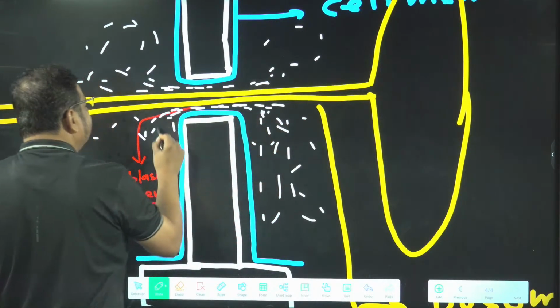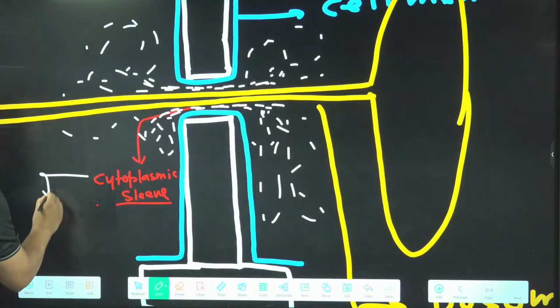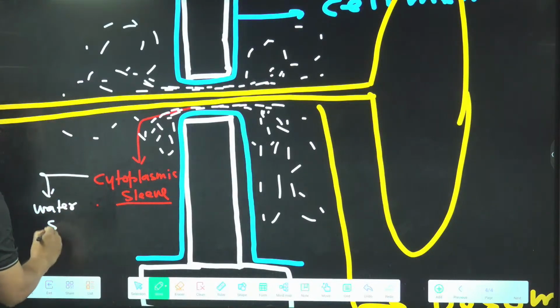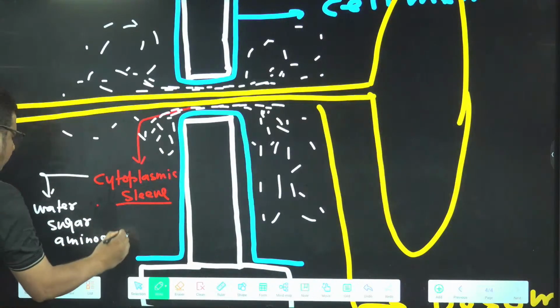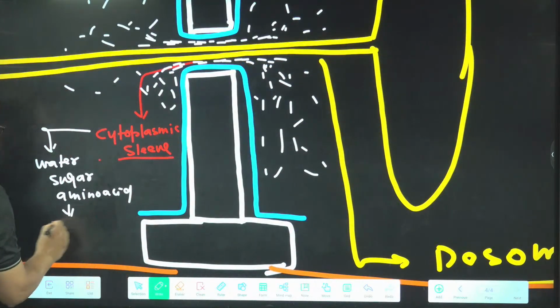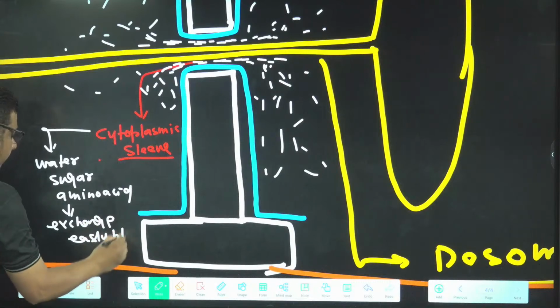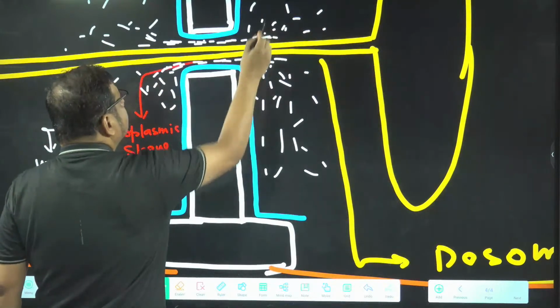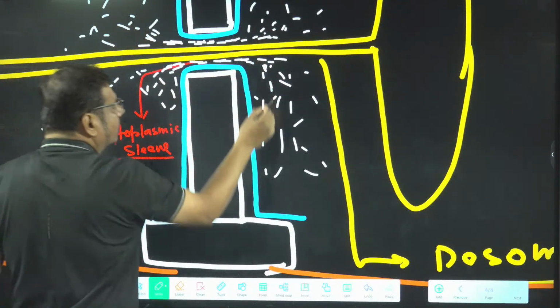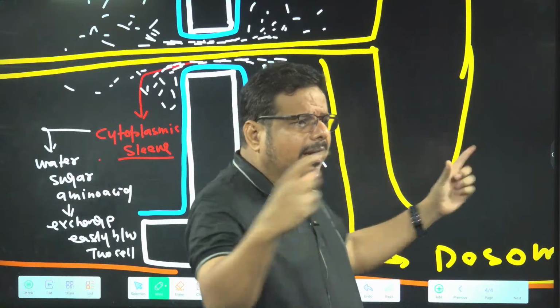From this cytoplasmic sleeve, water, sugar, amino acid, means these small substances, micromolecules, exchange easily between the two cells. Because their cytoplasm is in continuity, no? So in between two cells, cytoplasm are in continuity.